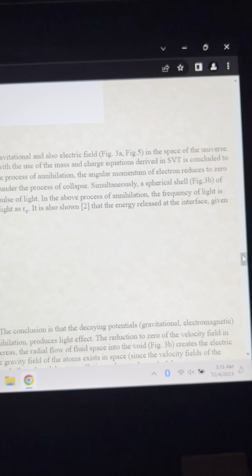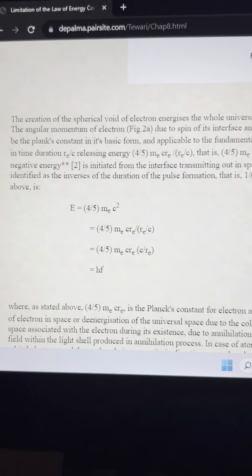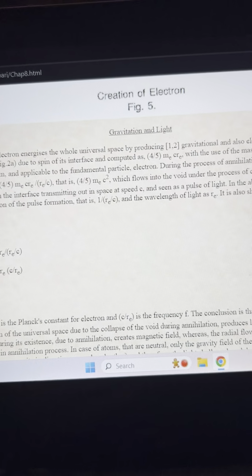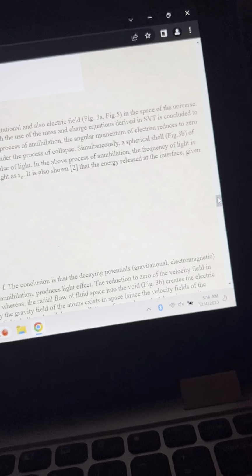Simultaneously, a spherical shell, figure 3b, of negative energy is initiated from the interface, transmitting out in space at speed c and seen as a pulse of light. In the above process of annihilation, the frequency of light is identified as the inverse of the duration of the pulse formation, and the wavelength of light as R_e.